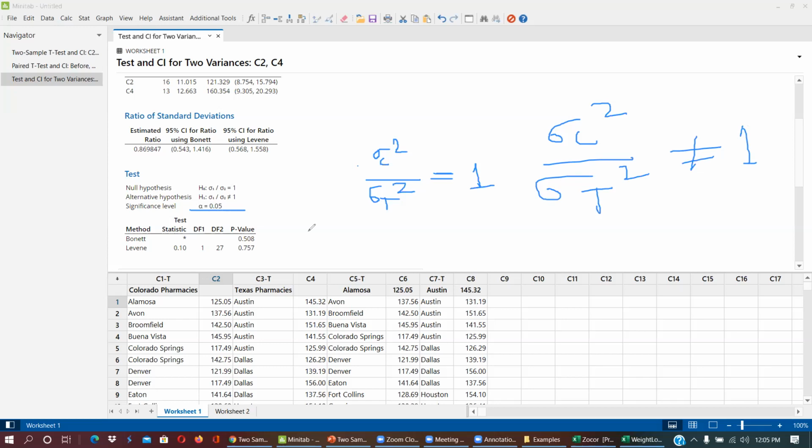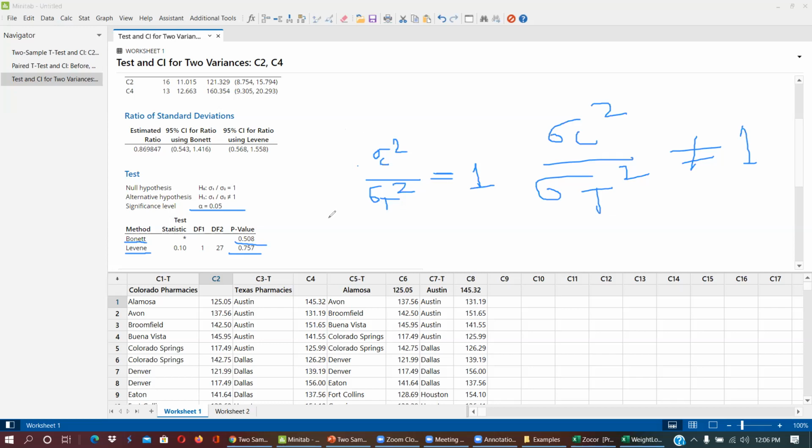Now look into the p-value again. Here is Bonett, here Levene. What is the p-value here? The p-value is greater than the significance level in both the tests. Therefore, you can conclude that there's no difference in variance in Colorado and Texas pharmacies.